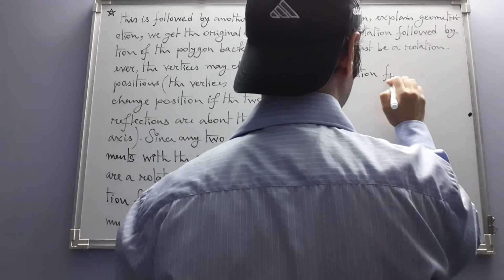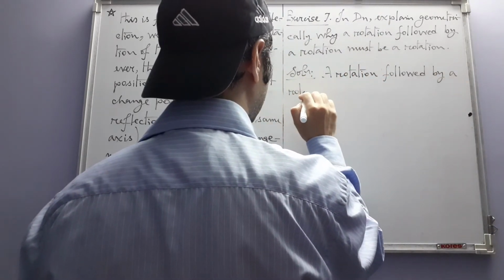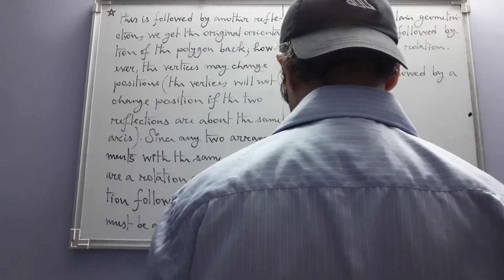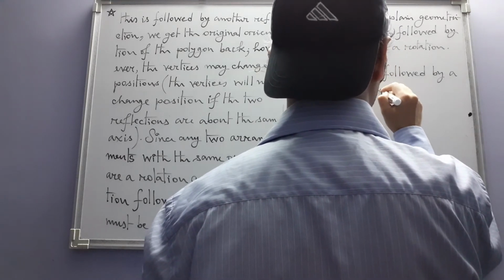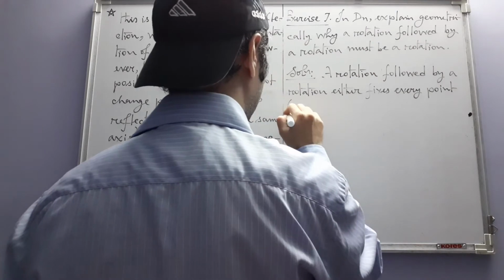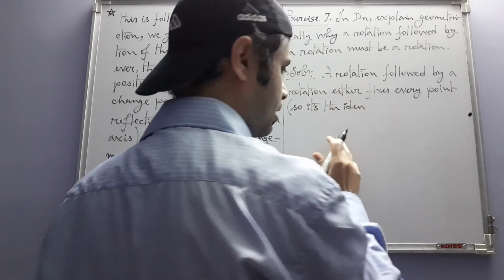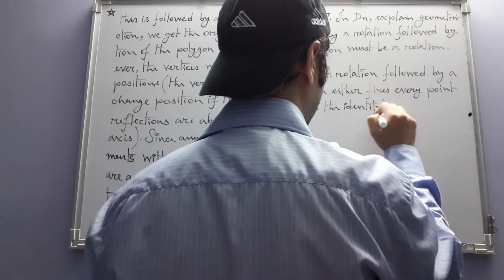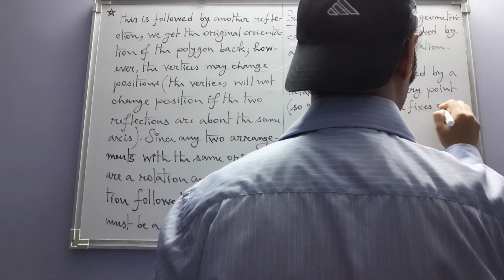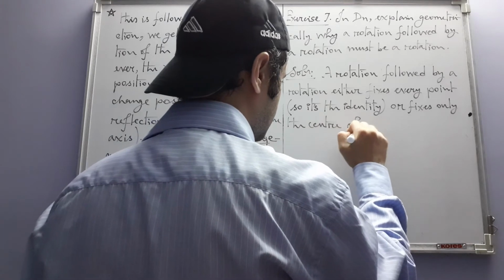a rotation followed by a rotation either fixes every point, so it's the identity, that R naught, or fixes only the center of rotation.